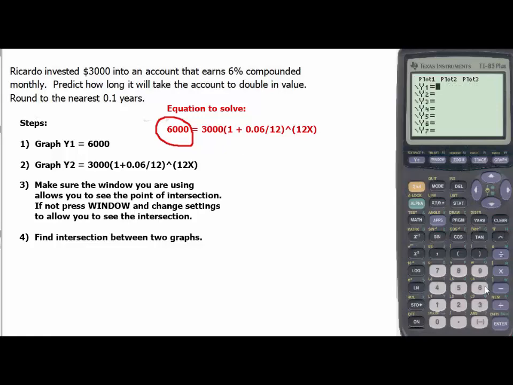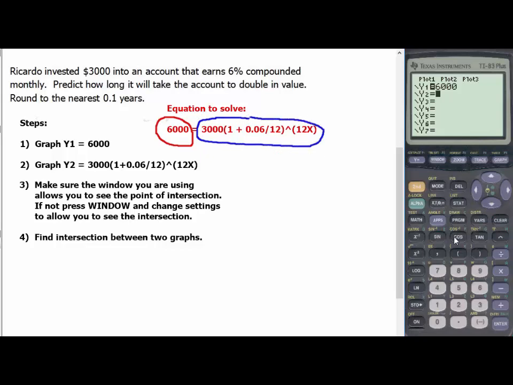So I'm going to have 6,000, and then my y2 is going to be the right-hand side of my equation. So we're going to have 3,000 times 1 plus 0.06 divided by 12 to the, and I have the 12x in parentheses. Now if I had the old or the new style of programming where the exponent actually shows up in the exponent, I wouldn't need to use those parentheses.